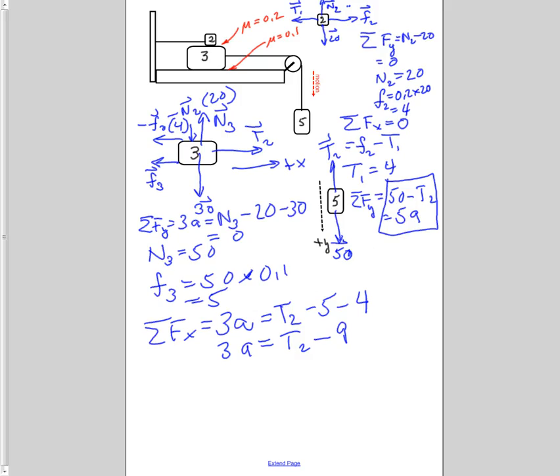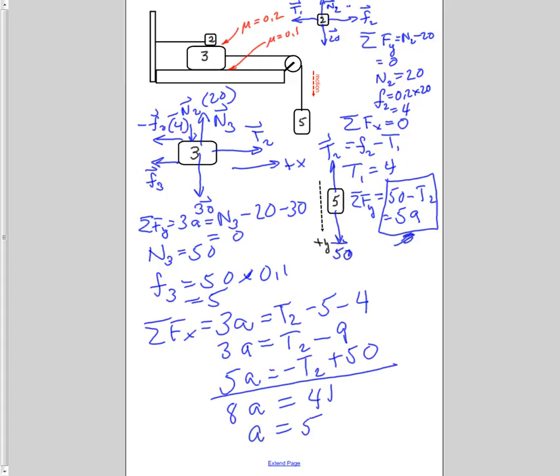And from up here, we have 5a equals minus T2 plus 50. So if we add those two equations, we get 8a equals 41, or a equals 5.13 meters per second squared.